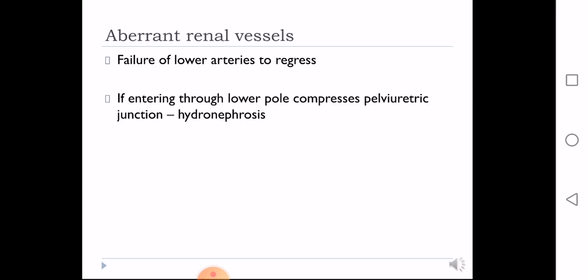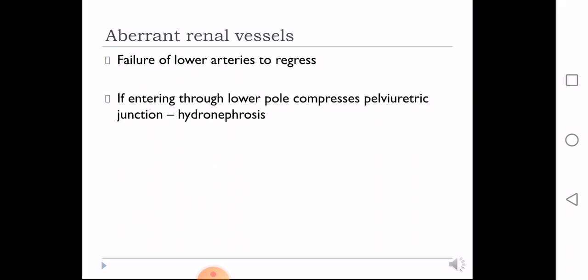So what is the importance of these aberrant arteries? It is one of the common developmental abnormalities. What is the clinical importance? Because a lot of arteries are entering the hilum, they may cross the pelviureteric junction between the renal pelvis and the ureter, the dilated part and the narrow part.